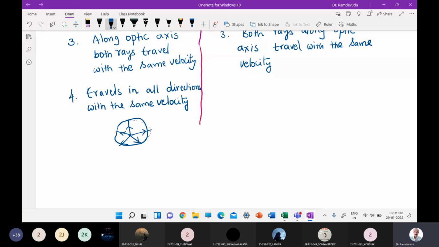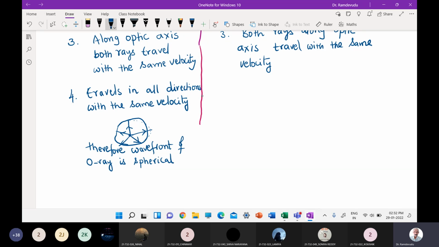Hence, the wavefront of the O ray is spherical.